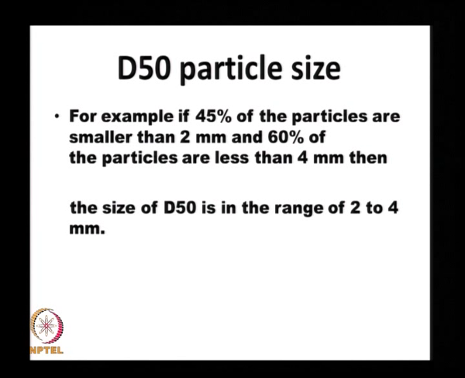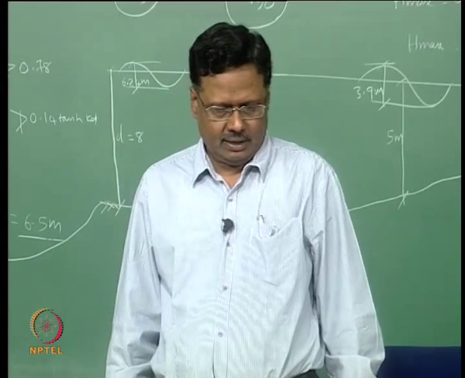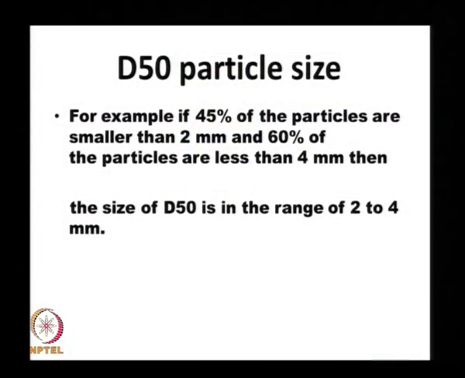See, for example, if 45% of the particles are smaller than 2 mm and 60% of the particles are less than 4 mm, then D50 is between 2 and 4 mm. That is for explanation only.